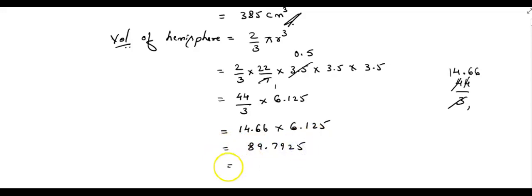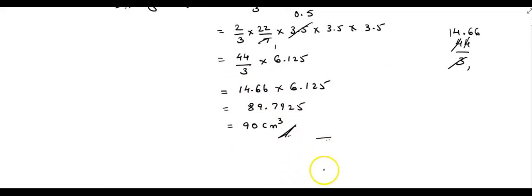89.7925 you will get. So approximately we can say 90 centimeter cube. Approximate value 89.7. We can take it as round figure 90 centimeter cube, approximation value. Okay, because we are just missing the decimals, so we can take this as 90 centimeter cube.